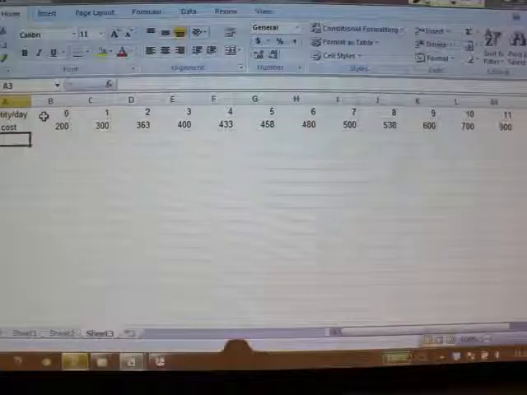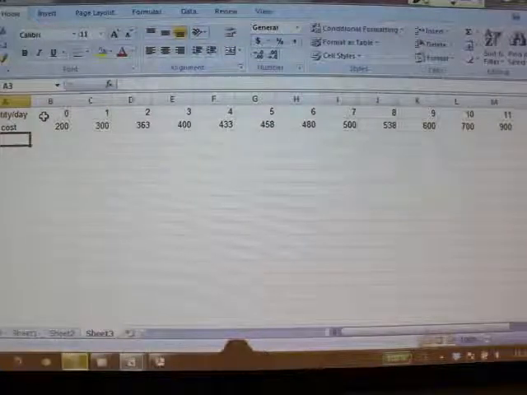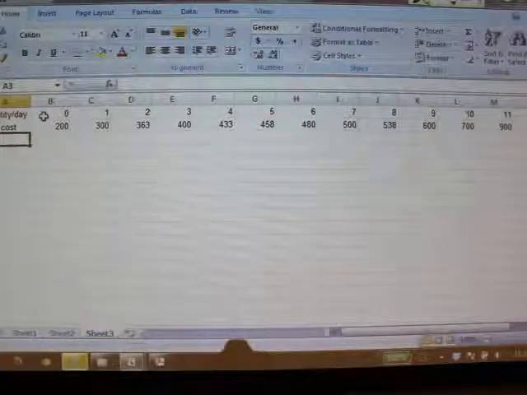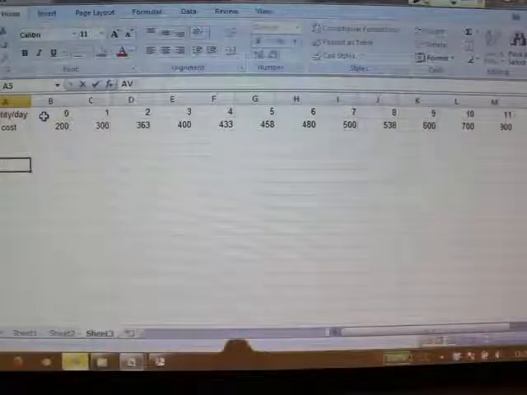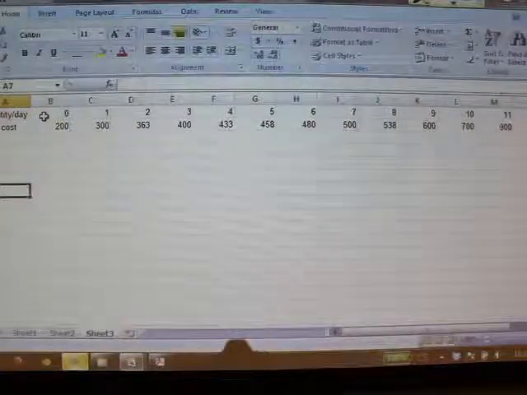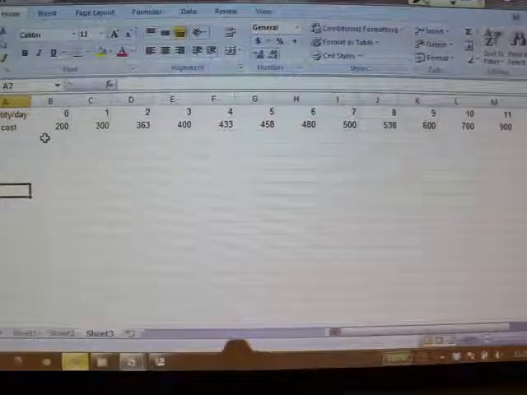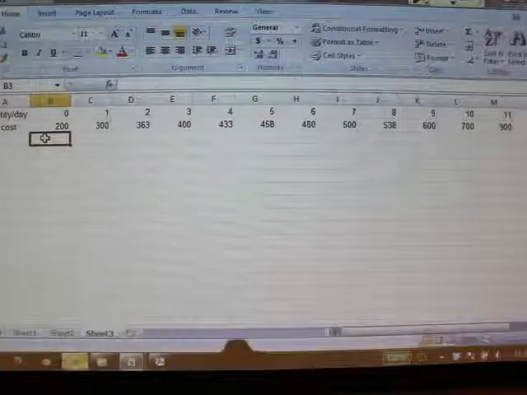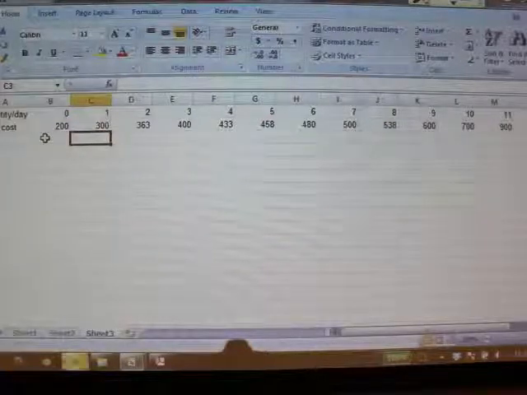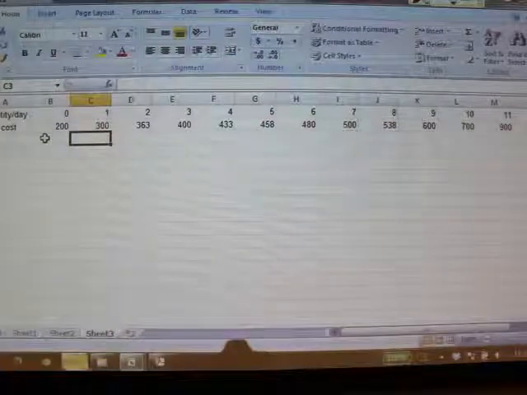Okay, now let's calculate the cost derivatives: marginal cost, average total cost, average variable cost, and average fixed cost. To calculate the marginal cost, we're going from 0 to 1. Here's how you can write it in Excel.